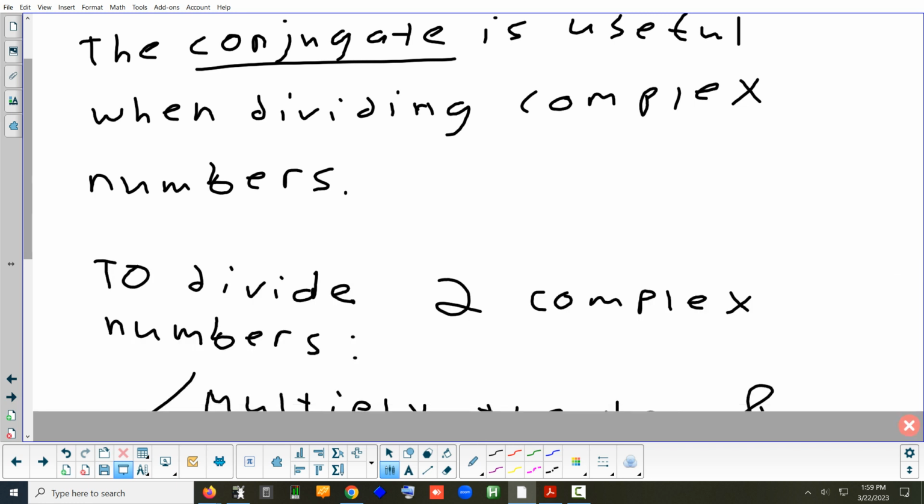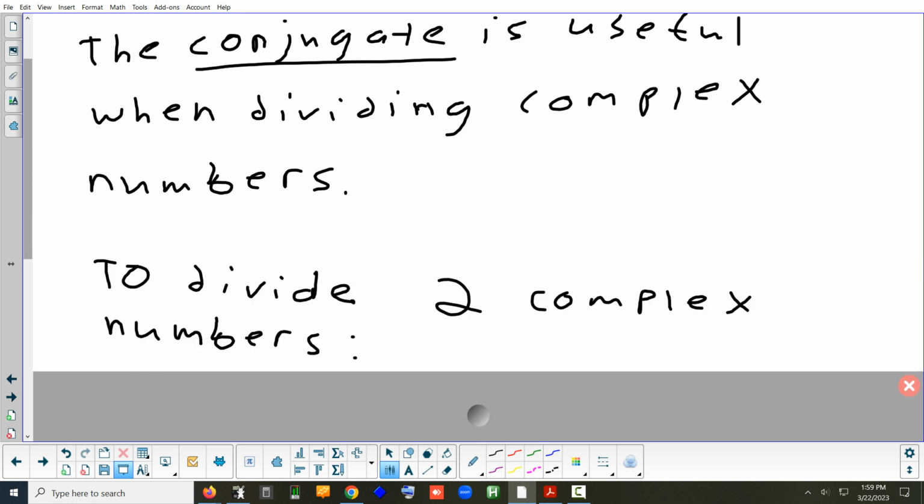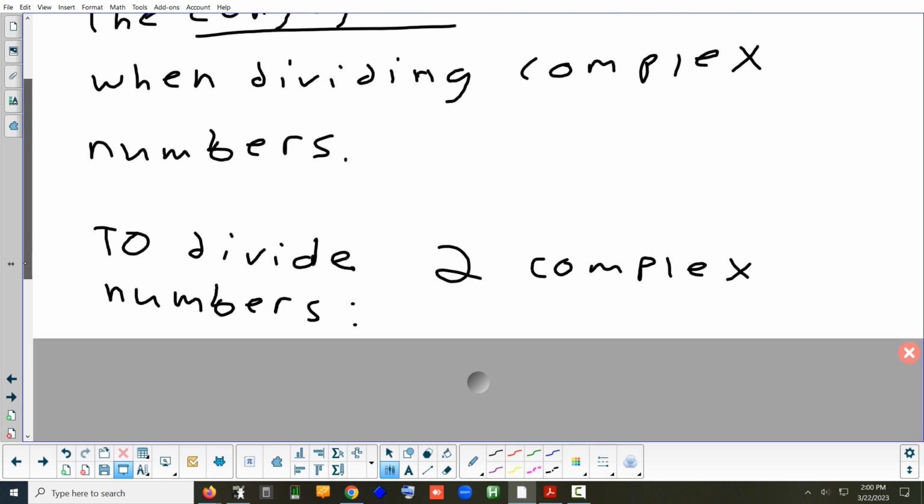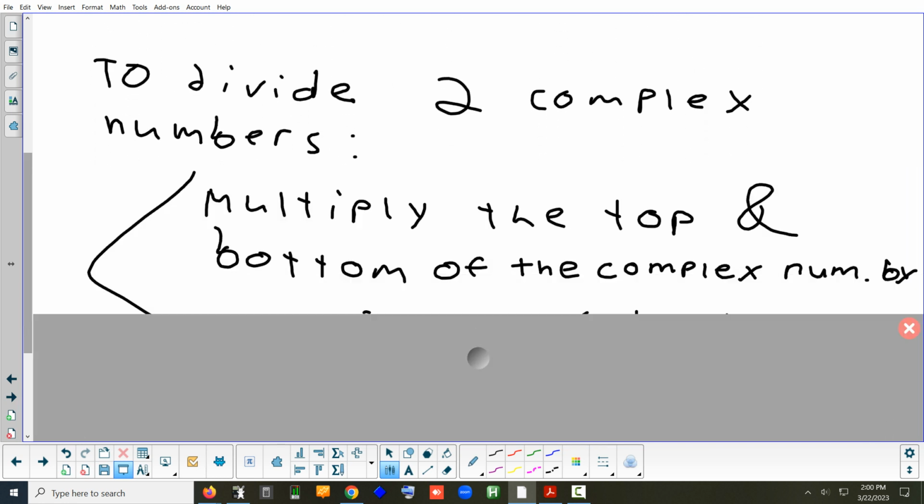Okay, so how do we do that? In order to divide two complex numbers, it's really going to be a multiplication problem. It's not really going to be a division problem.